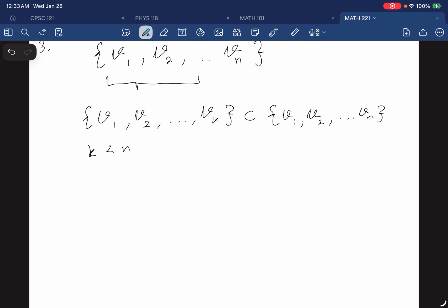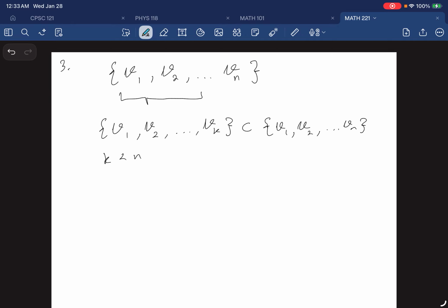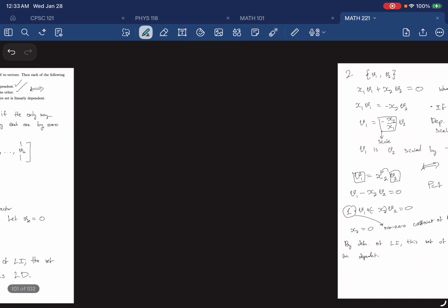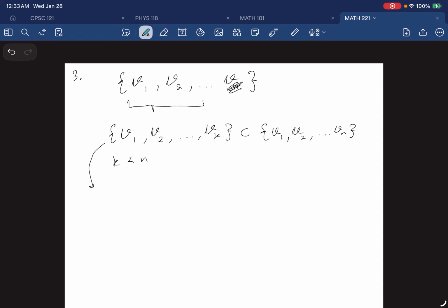Right? Or we can call this VJ actually, just to make it a little easier. So VJ. Okay. So this is our subset v1 to vk, and this is our overall set v1 to vj, and we're talking about the subset v1 to vk being linearly dependent, right?